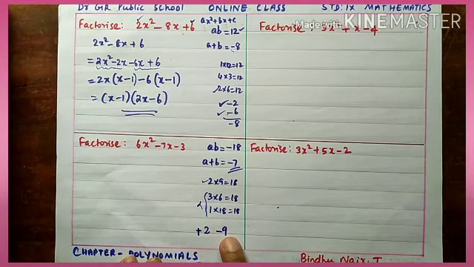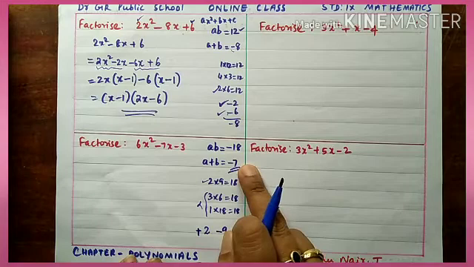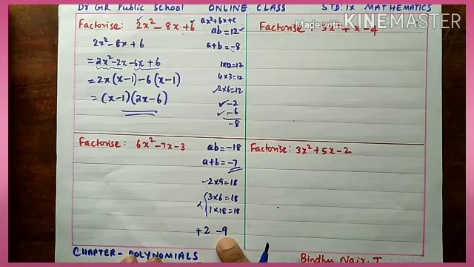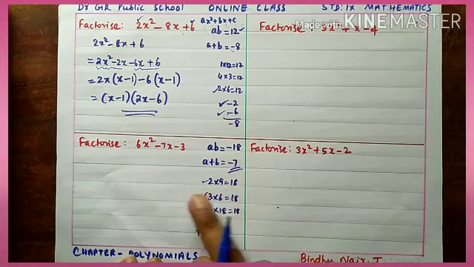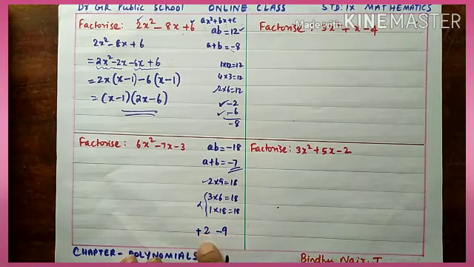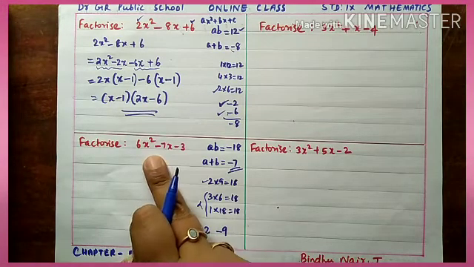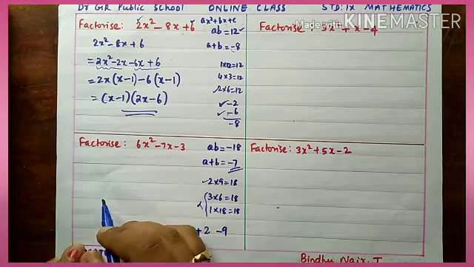Now you add this, 2 minus 9. What is the sum value? Minus 7. And when you multiply 2 into minus 9, what is the product? Minus 18. Okay. So the choice of the two numbers is plus 2 and minus 9. Now using these two values, you are going to split the middle term of the given polynomial.